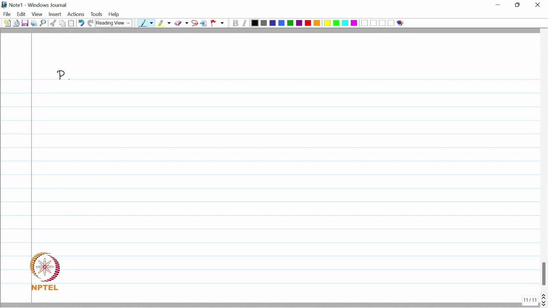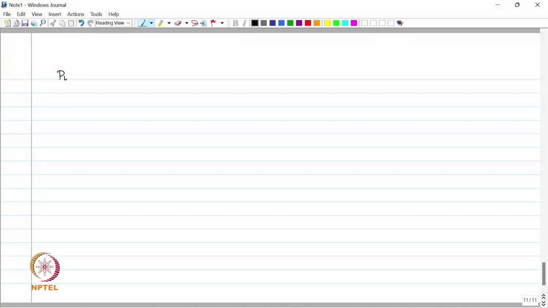Now let's discuss three cases where we can have pulse distortion, and how this pulse distortion is affecting the shape of the pulses with respect to the frequency. So we have pulse distortion.